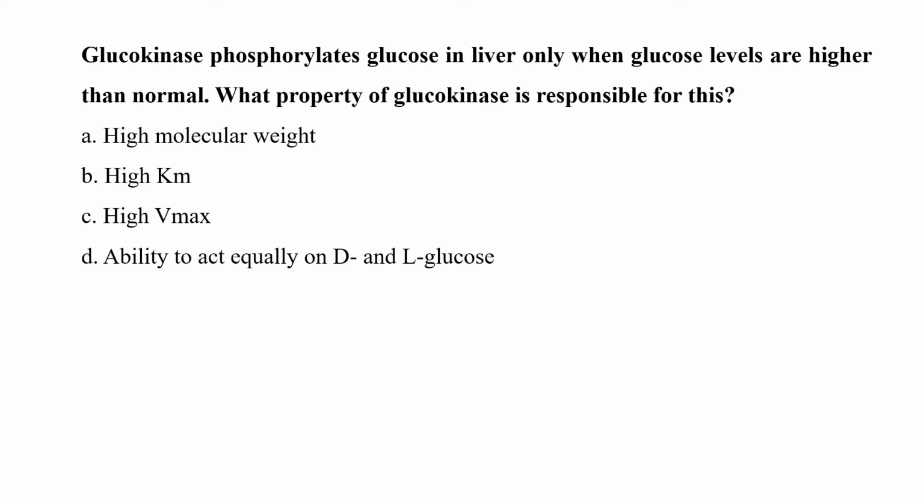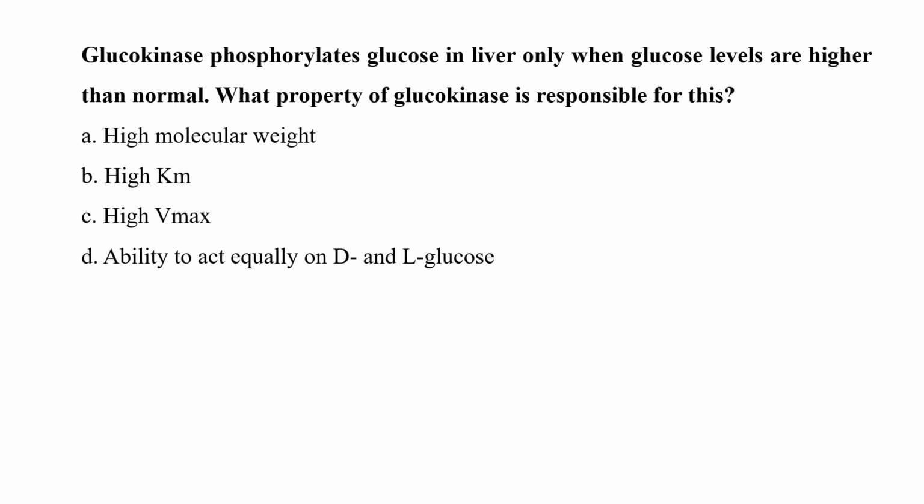So glucokinase or hexokinase 4 is present in the liver and beta cells of the pancreas. It is highly specific for glucose, but it is inactive at low blood glucose level. After a hearty meal, blood glucose level increases and insulin activates glucokinase to phosphorylate glucose.